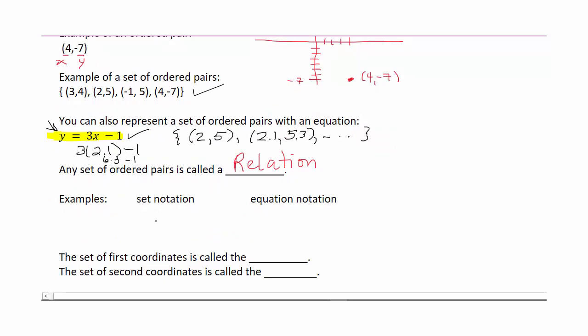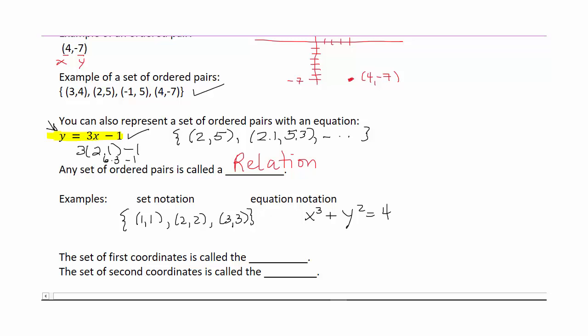So if I said, give me an example of a relation in set notation, you might say, okay, I'm going to have the point (1, 1) and the point (2, 2) and the point (3, 3). And those are my set of ordered pairs. Or if I said, give me an example of a relation in equation notation, you might say, I want x cubed plus y squared equals 4. Okay? Any equation that has an x and a y in it.